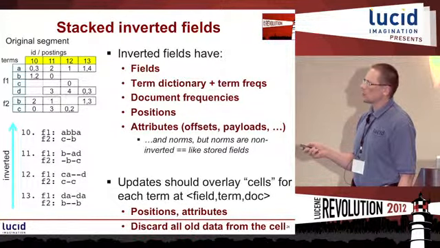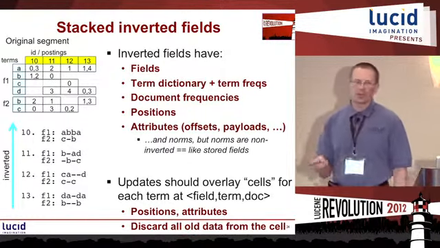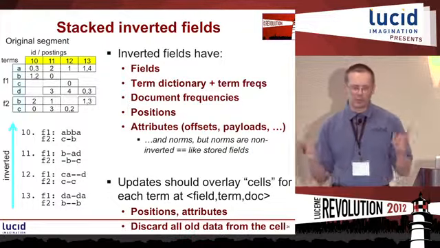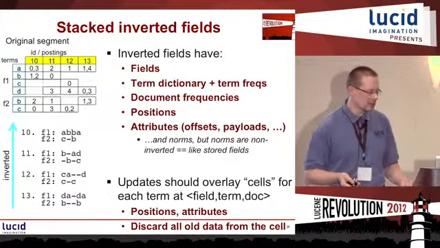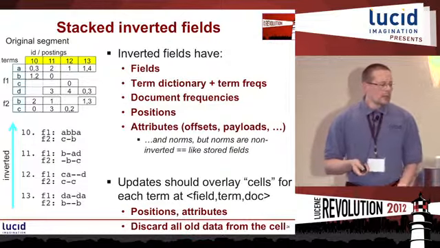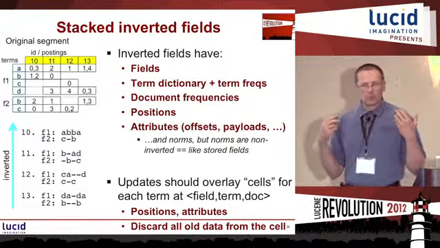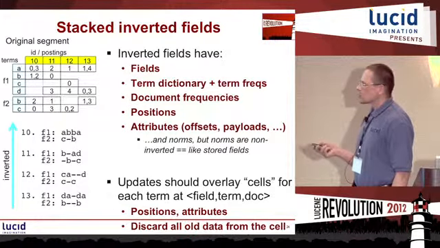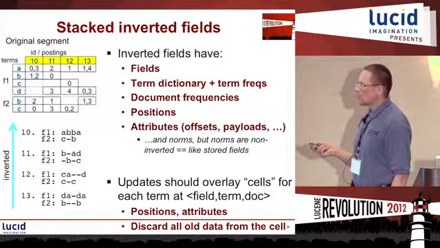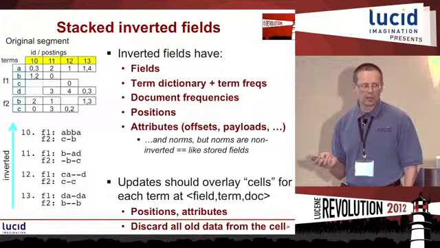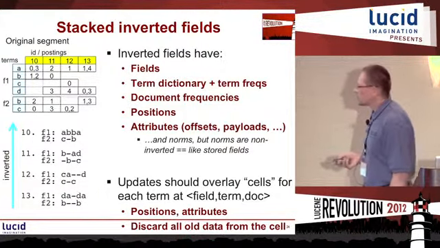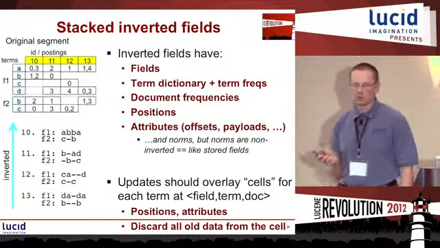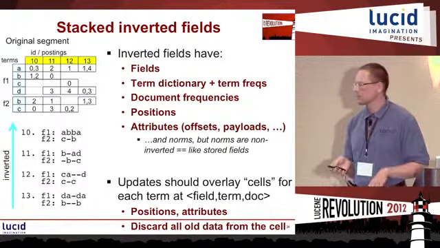For each document ID, you have the postings, which is at what positions a term occurs in a given document, plus some other attributes like payloads, offsets, etc. So what is our goal? Our goal is that the updates should update the content of each cell in the table. So we should get rid of the old positions and attributes, and we should put new data in each of these cells.